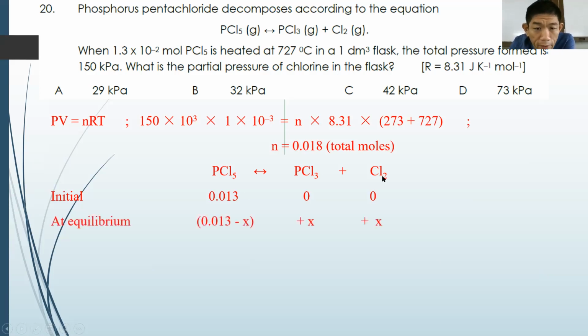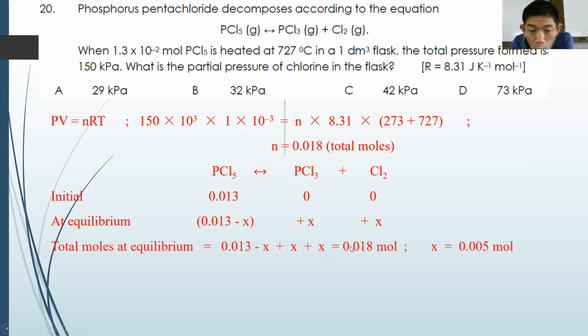So at equilibrium, you have 0.013 minus X, plus X, and plus X. The total mole at equilibrium will be 0.018, as we calculated just now using PV equals nRT. So 0.013 minus X plus X plus X. Minus X plus X is 0, so move the 0.013 over, and you get X equal to 0.005.